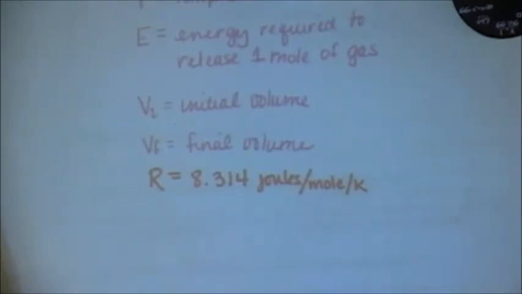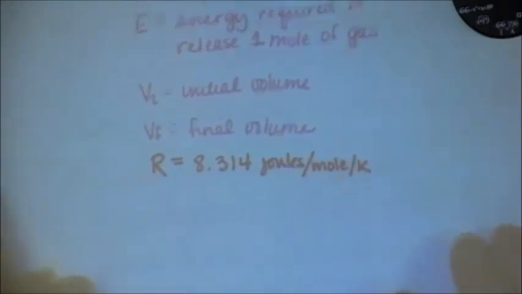It's not a constant per problem, like that other one where every battery had a different constant that went with it. That was constant to that battery. Every time you use that battery, you're going to use that same K value. But get a new battery and it'll have a different constant. This is a legit constant. It's called the universal gas constant. I think that's what it's called. That is the number of joules or whatever that it takes. Every gas has that same constant. So that R value is going to be the same for every problem. I'm not sure why they don't just plug it into the formula, but they don't. So there you go. So now let's do one and you'll see.